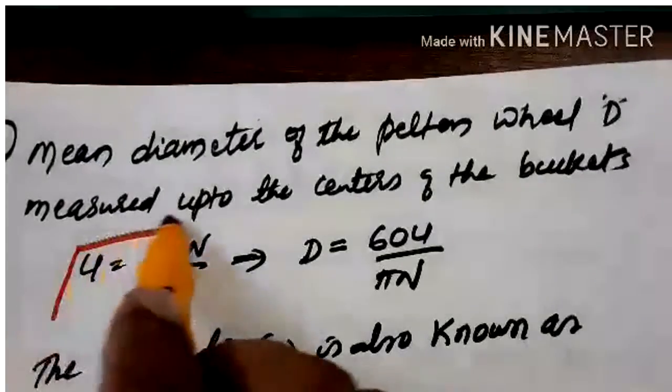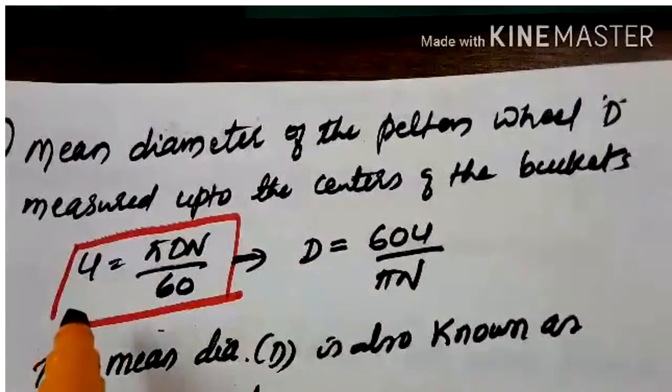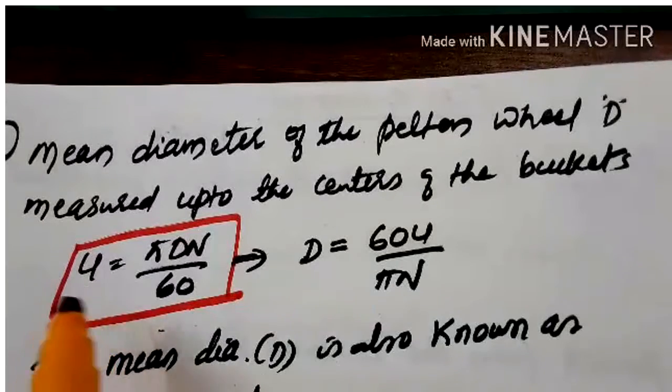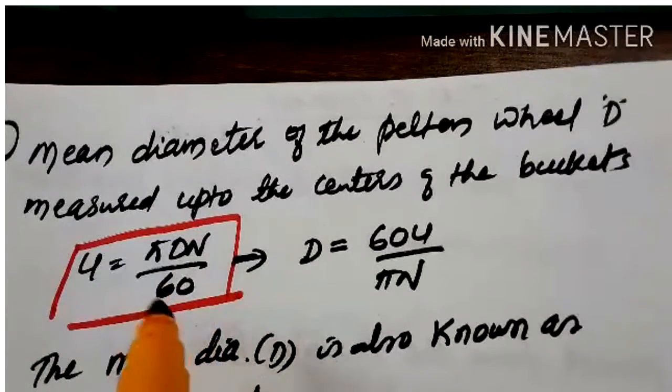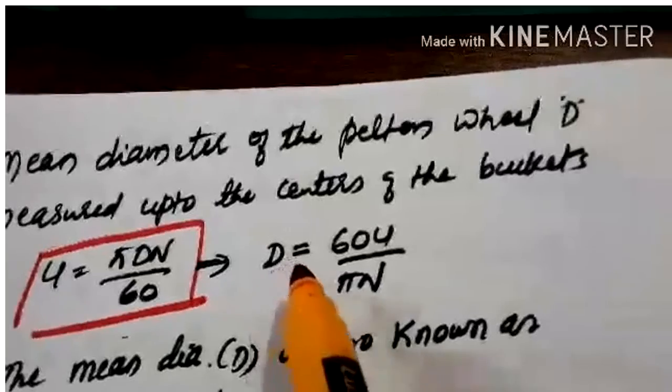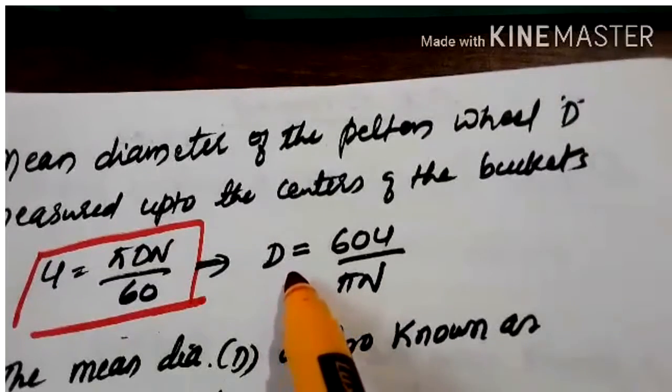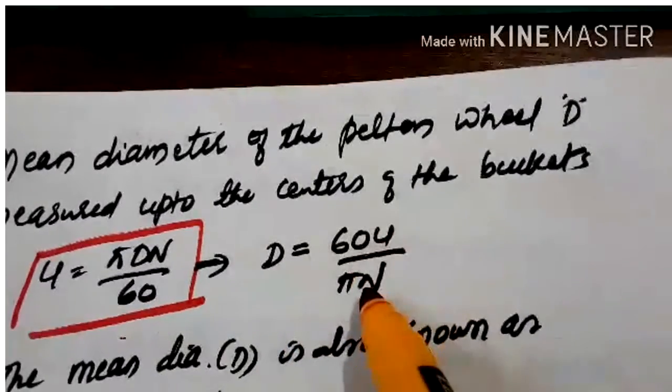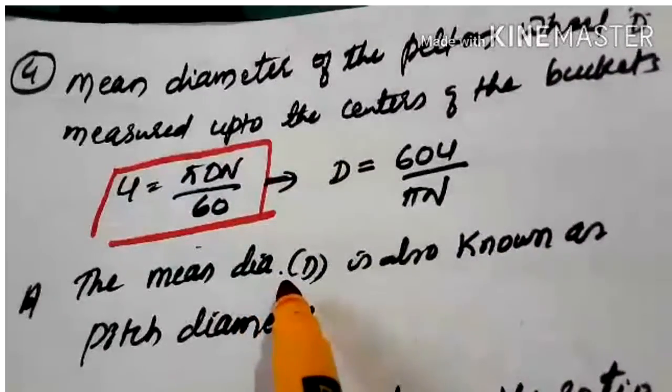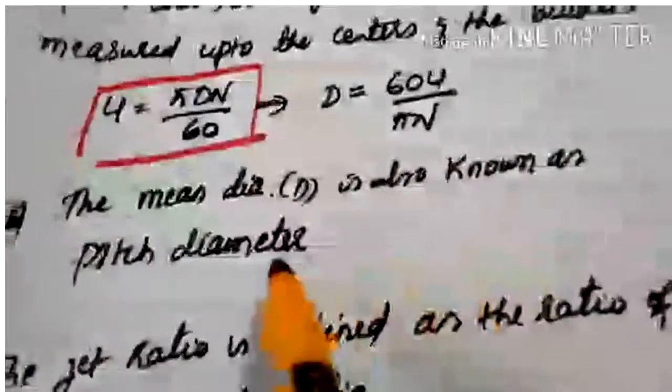This is the formula to calculate the wheel velocity, U equal to pi D N by 60. From this we can easily get the diameter, D equal to 60 into U divided by pi N. The mean diameter D is also known as the pitch circle diameter.